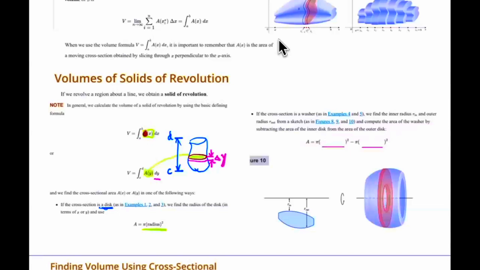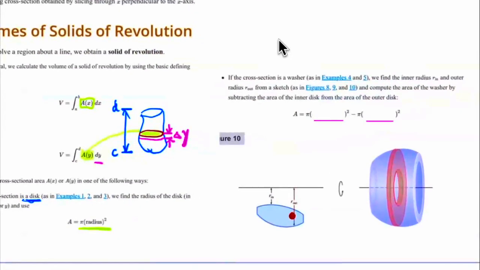What will be this cross-section area? It will be pi times the outer radius squared, from the axis to the outer side, minus pi times the inner radius squared. That gives you the cross-section area right there.